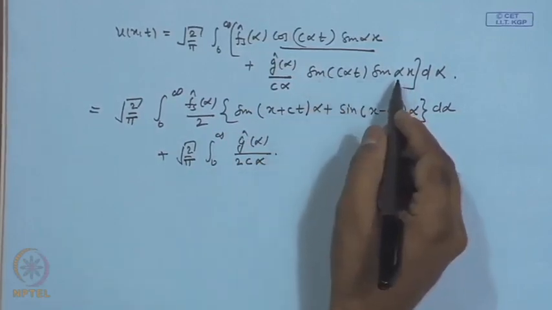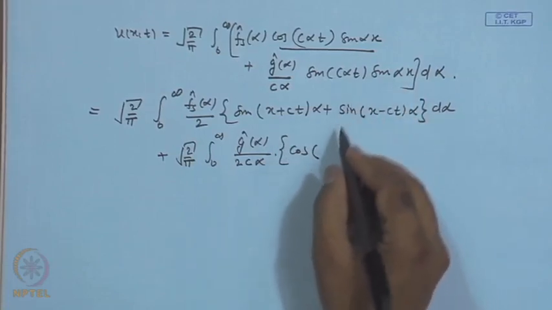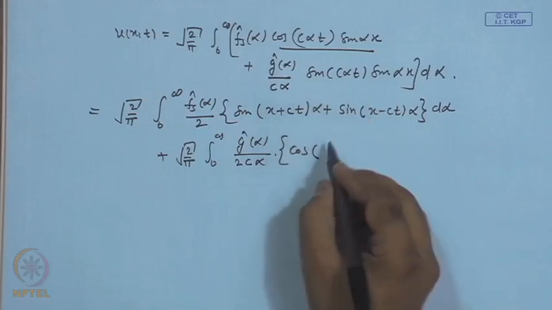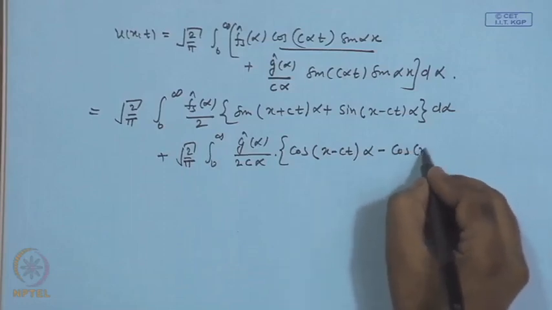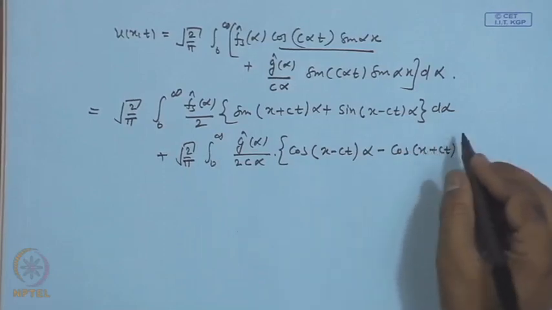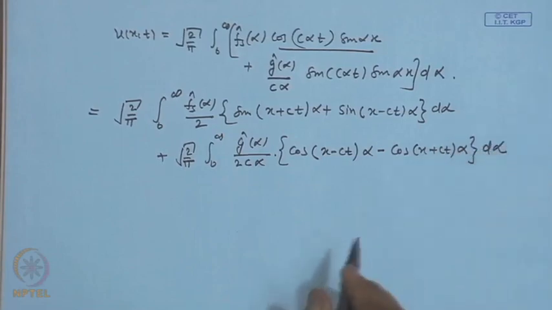So, for 2 sin a sin b, we have the cos terms, cos(a minus b), or b minus a, it does not matter. So, cos((x minus c t) alpha) and then minus cos(a plus b), so cos((x plus c t) alpha) d alpha.